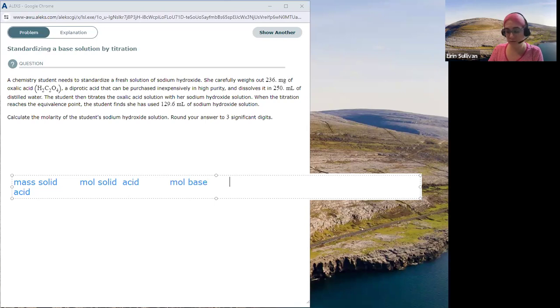And then if we have our moles of our base and we know what volume we've used, we should be able to get to our concentration of our base. If we just divide through by that volume, that'll be in moles per milliliter. So we want to get that into units of moles per liter, right? So moles per milliliter in this case, and then we'll want to get to the concentration in moles per liter. So that's our basic plan, okay?